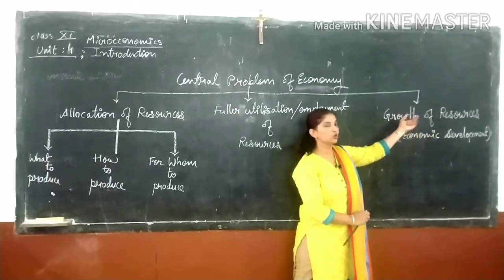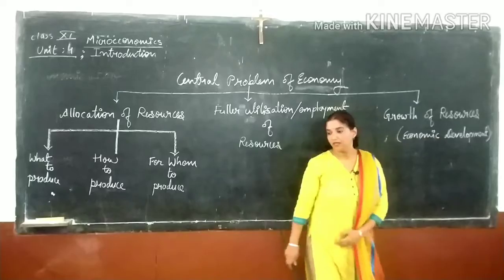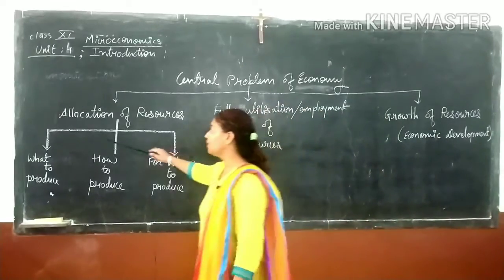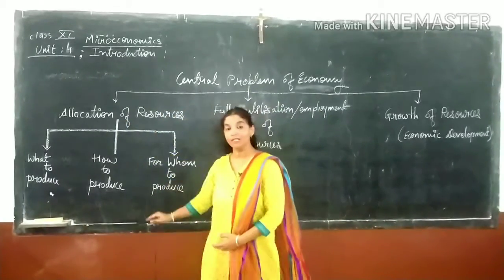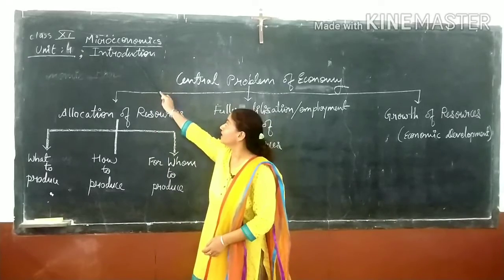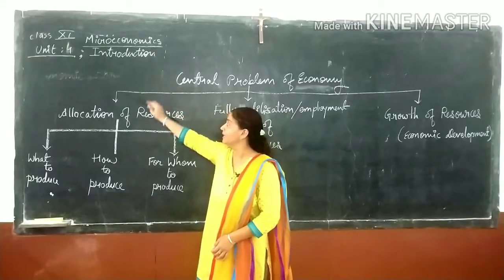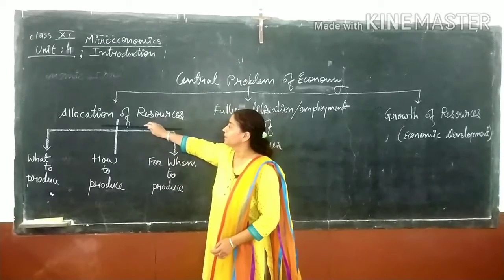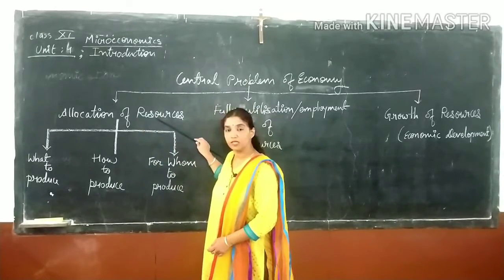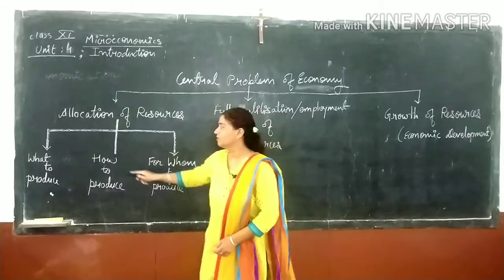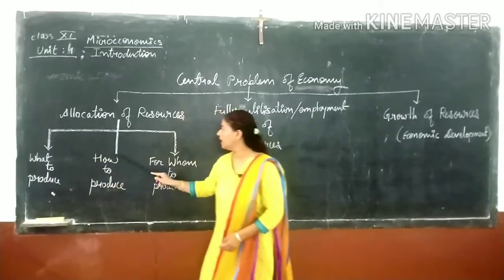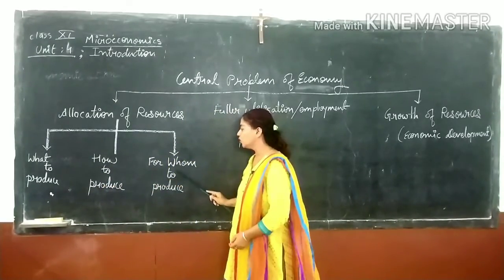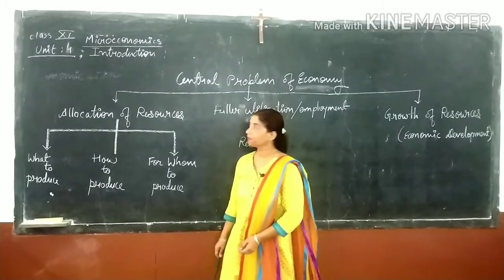That is called growth of resources. The main problem which we have to discuss in this unit, the introduction of microeconomics, is allocation of resources, and the problems lying under it are what to produce, how to produce, and for whom to produce.